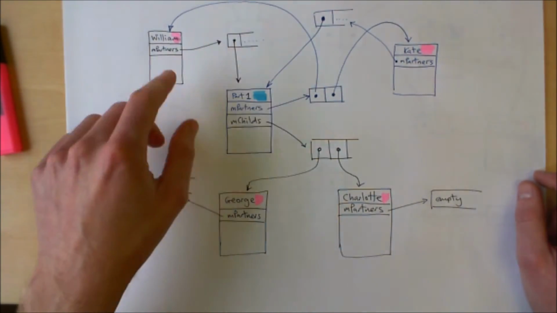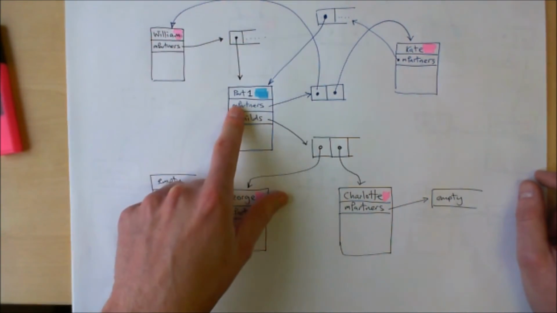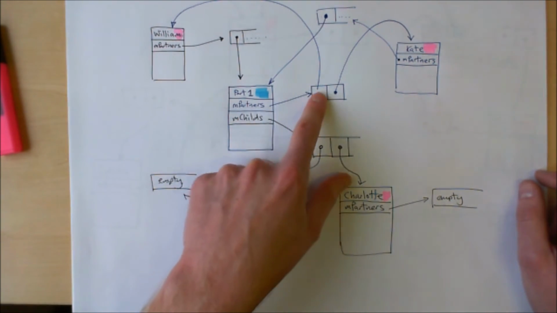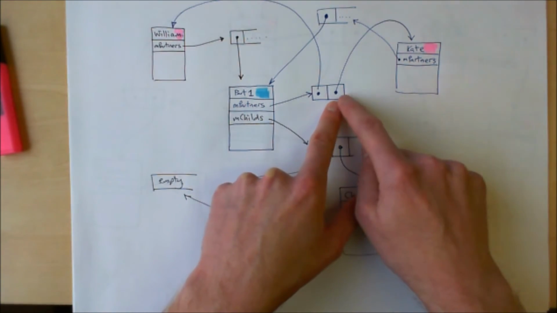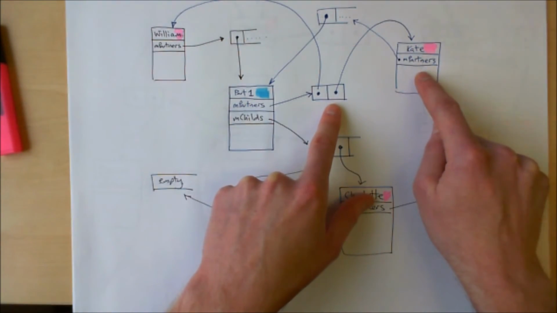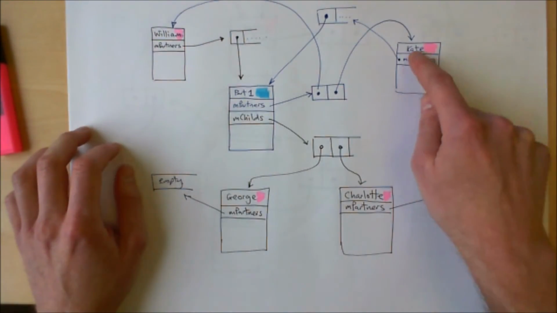Another one is this. So we start at William, we go to the partnership, say we are not going to do the first partner, we're going to do the second partner. Okay, so far so good. So we go into Kate, because she's the other partner in there, and we tell her to draw.